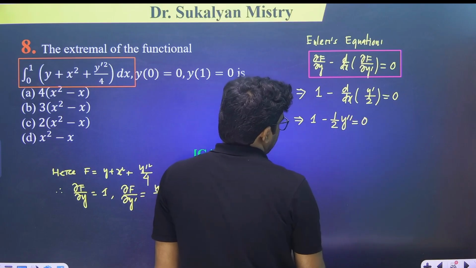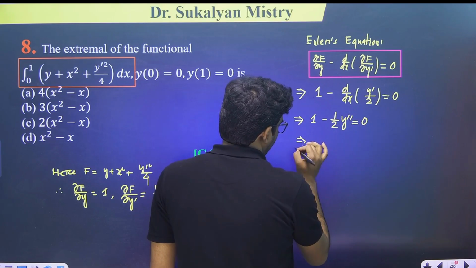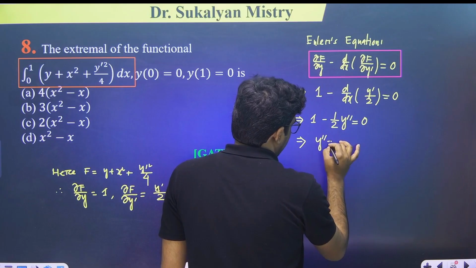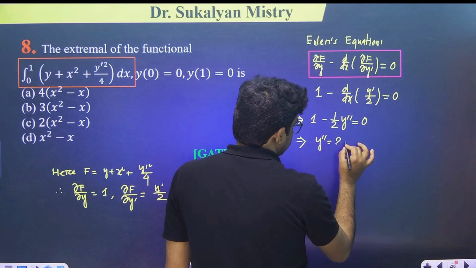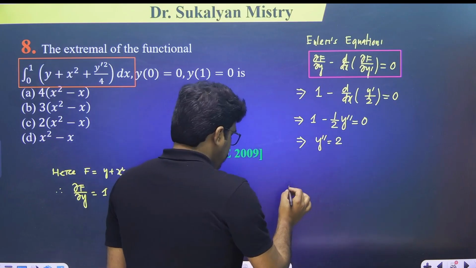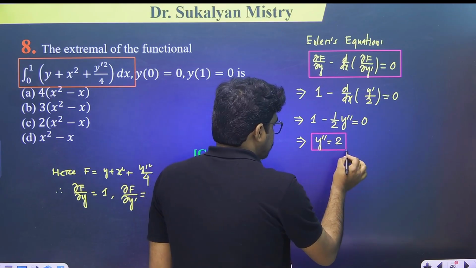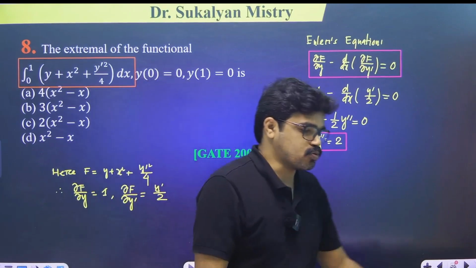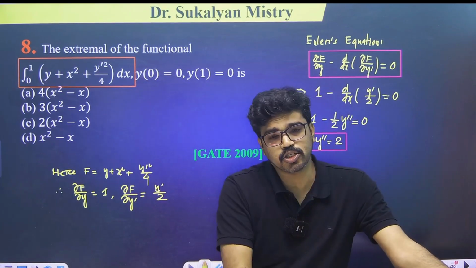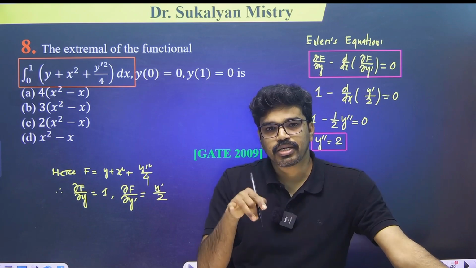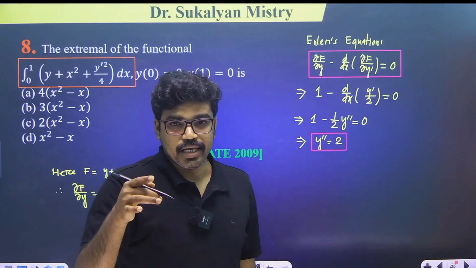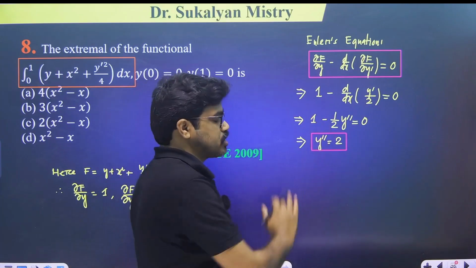So ultimately what we get is y'' equal to simply 2, right? y'' means d²y/dx². So d²y/dx² is 2. What is our target? We have to find the value of y, that is, we have to solve this differential equation.